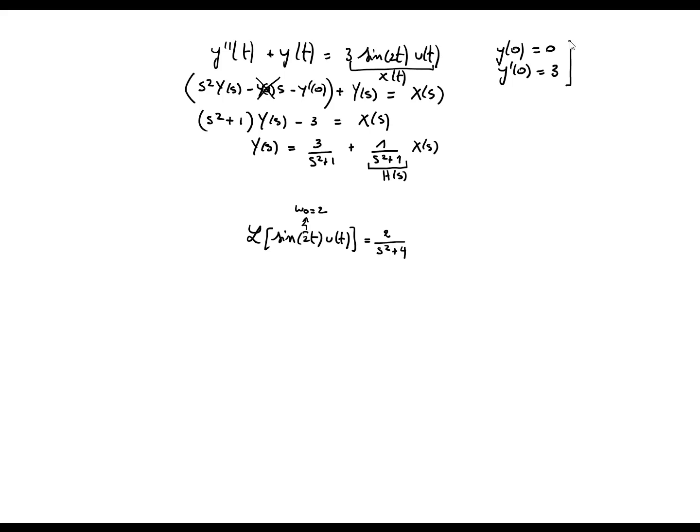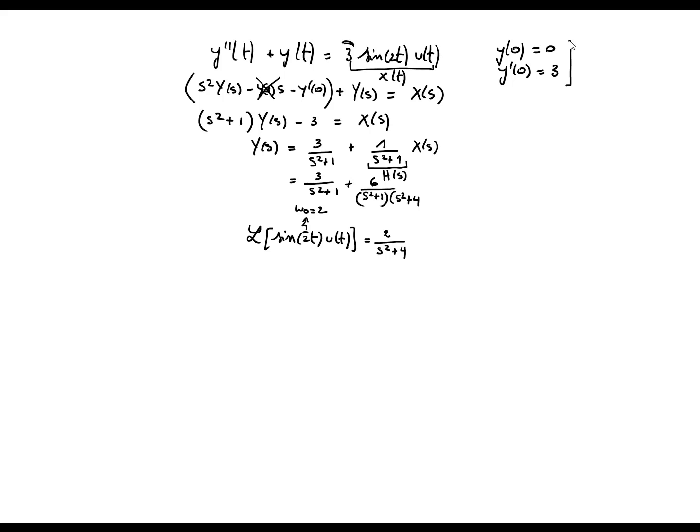So it's 3 over s squared plus 1 times X(s). Well, we have to take this Laplace transform, but we have a 3 over here. So we need 6 over s squared plus 1 and then s squared plus 4.